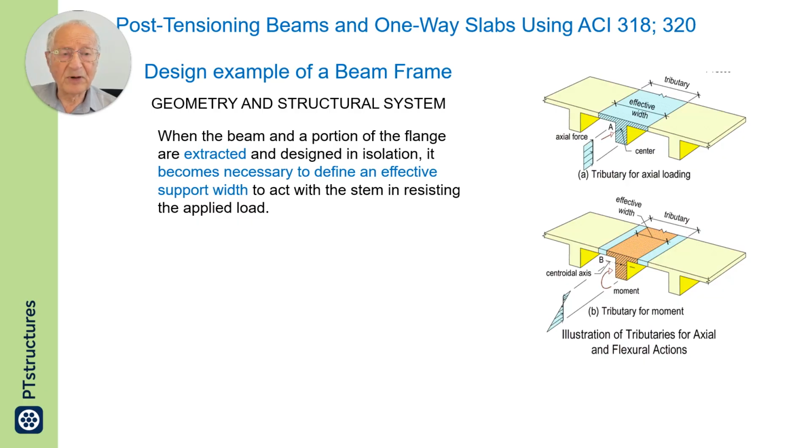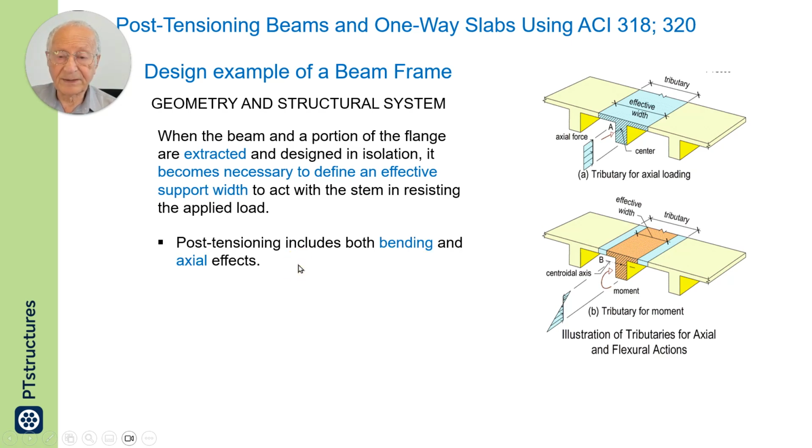But apart from it, the correct presentation, if we want to base the design on a representative piece of the entire structure, is what I have shown here on the right.